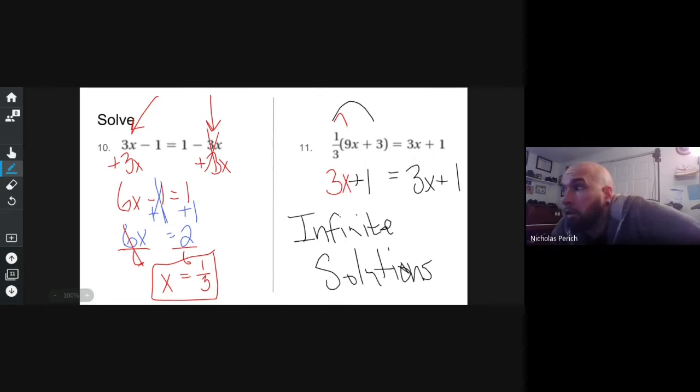If I wanted to subtract 3x, I could have, and then I get 1 equals 1. But again, the moment you notice that the left side is exactly the same as the right side, and 3x plus 1 is exactly the same as 3x plus 1, stop what you're doing and write out infinite solutions.